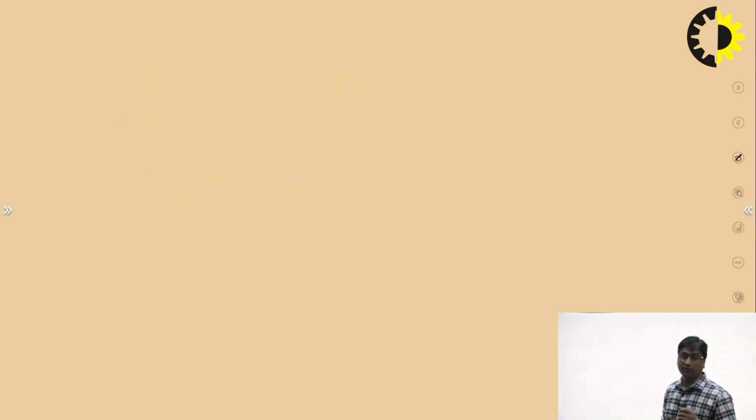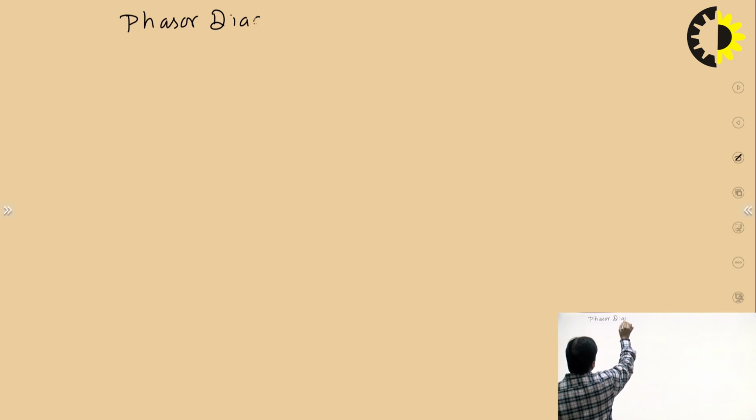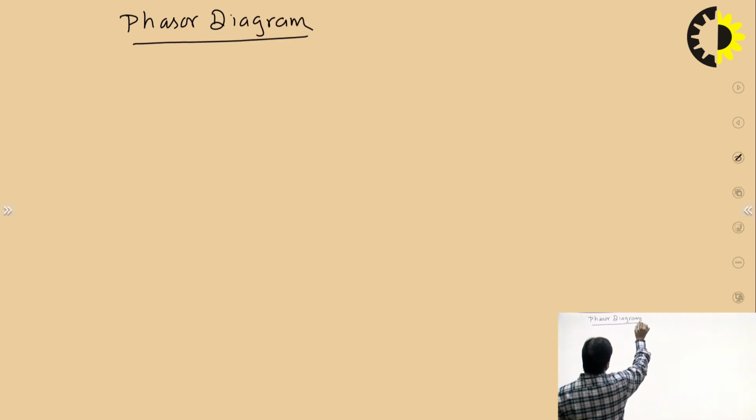Next is our phasor diagram. The phasor diagram can be drawn for three different loads: resistive, inductive and capacitive.